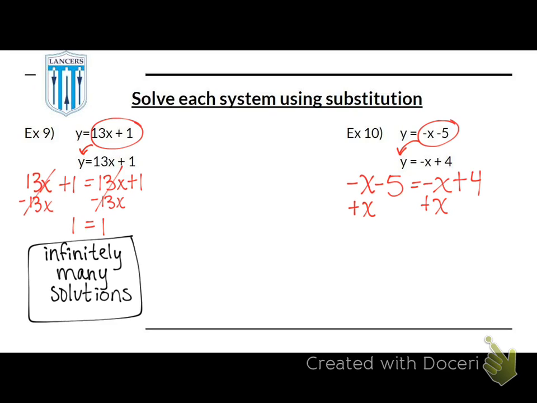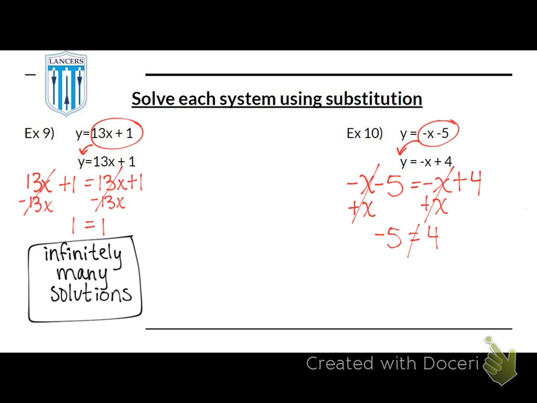What happens? They cancel out completely. Gone on both sides. What are we left with on the left side? Equals. What do we think about that? Do we agree with it? No, we should not agree with negative 5 equals 4. That is false. It's not true.